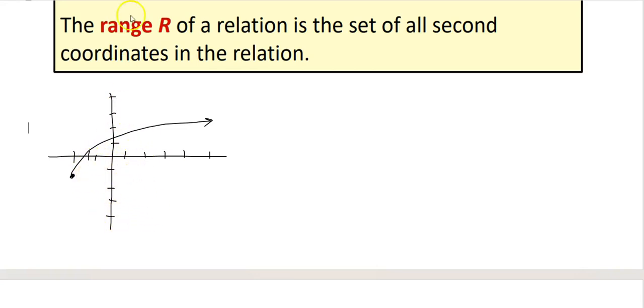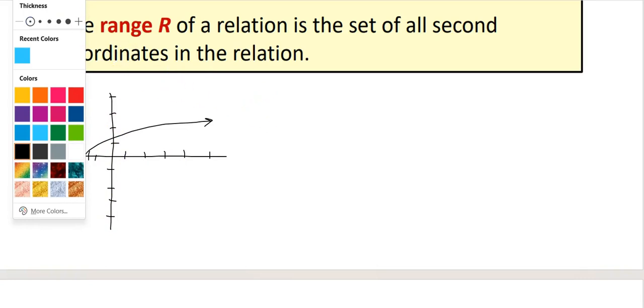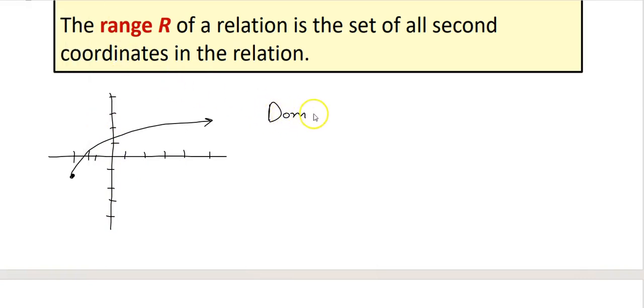But the domain, remember, equals x values. So when you're traveling along this line, where does this line start? And does it have a closed circle or open circle? Well, this one has a closed circle. So the domain is going to be from right here at -3 all the way to positive infinity.